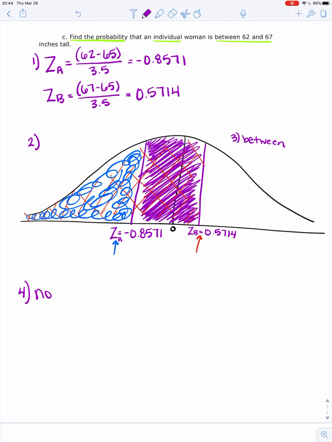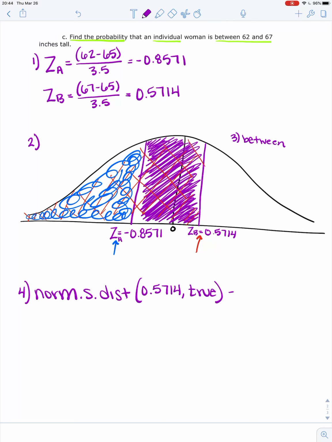You are going to do norm.s.dist. You're going to plug in the bigger z-score, 0.5714, comma, true. Okay, that's why I called it ZB, because it's bigger.